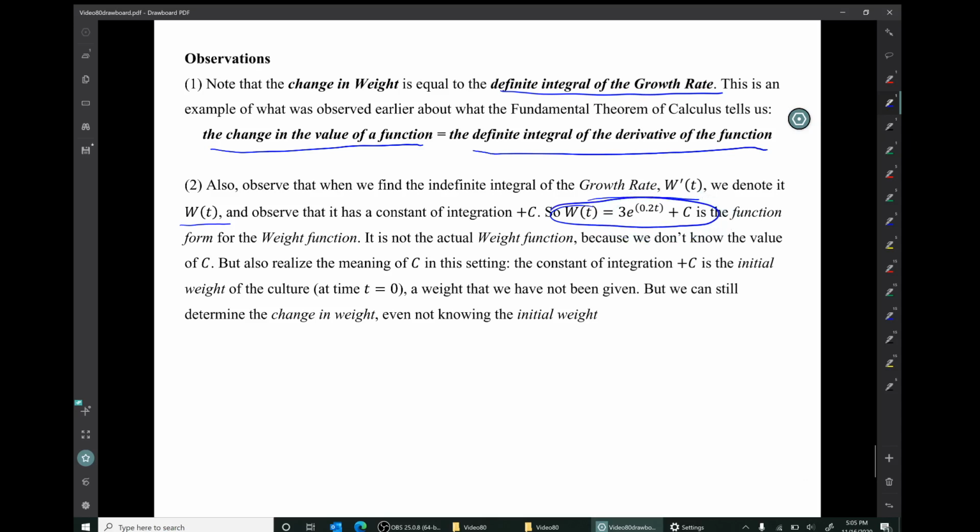It's not the actual weight function because we don't know the value of capital C. So it's a function form for the weight function. But realize the meaning of C in this setting. The constant of integration plus C is the initial weight of the culture. That is the weight at time 0, a weight that we've not been given. But we are still able to determine the change in weight, even not knowing the initial weight.